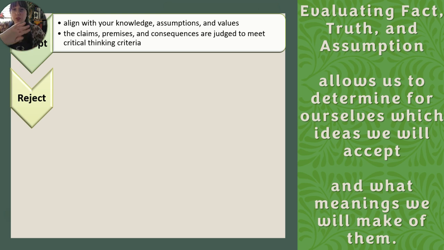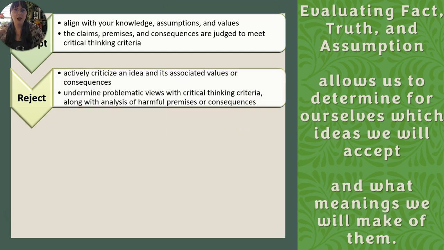And then we have reject. So I call this reading against the grain. This is when we actively criticize an idea along with its associated values or the consequences that that idea might lead to. And one of the ways that we do this is by undermining problematic views by using our critical thinking criteria.